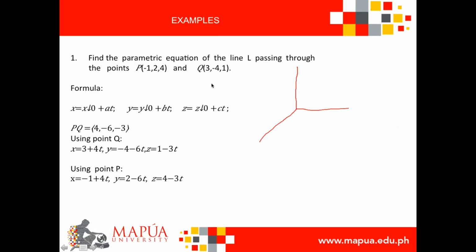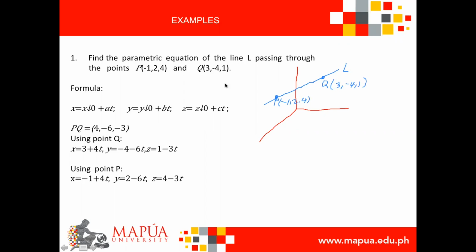Then let us draw line L passing through these two points P and Q. Suppose this is your point P, and this is your point Q. So we have here now a line L. The coordinates for point P are (-1, 2, 4), and for point Q, we have (3, -4, 1).